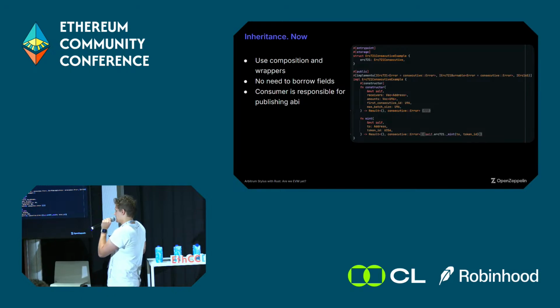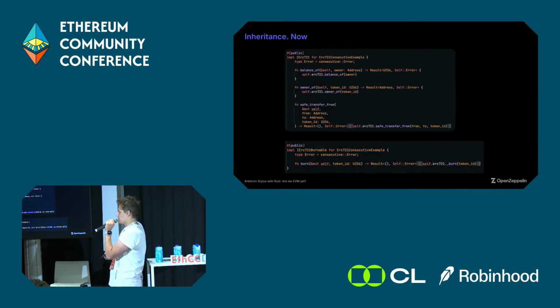Actually there is no inheritance concept at all. You just implement some trait, and you should link it to your contract. And you can add some functions, like a constructor, or a function for minting in the case of an NFT token. But the consumer is responsible for publishing the API, and that is what they should do.